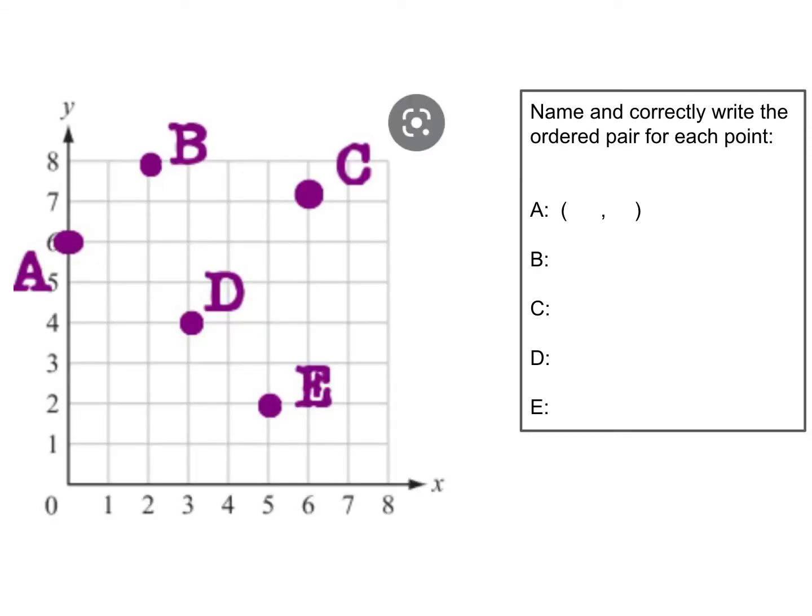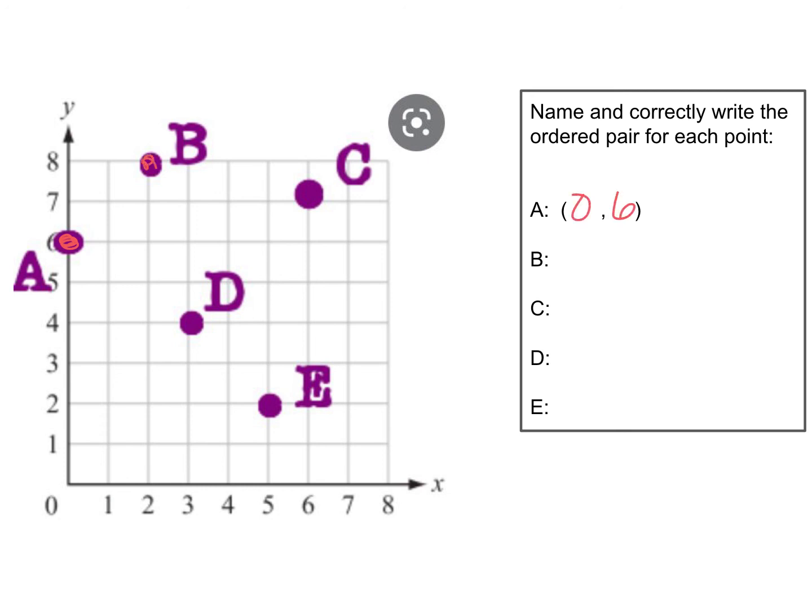And then lastly, I would like you to pause and name and correctly write the ordered pair for each point, and then come back and unpause and check your work. So for point A, which is right here, I'm not going over any at all, and I'm up 6, so it's going to be 0, 6.